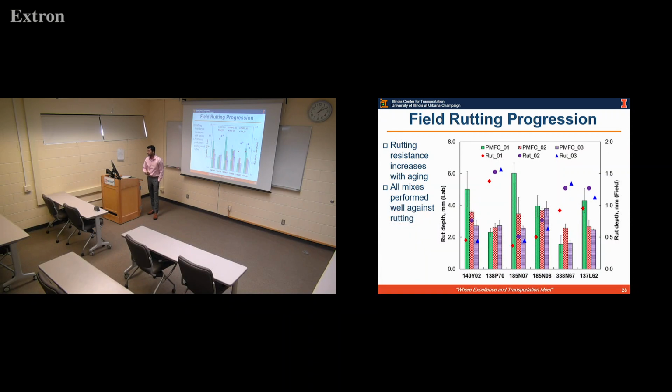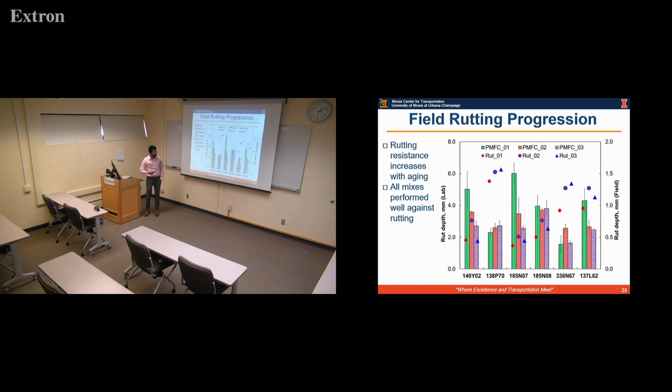When we consider the field performance, we have the data for rutting progression over 3 years, 2015 to 2017, 2016 and 2017. We saw that the rutting resistance increases as we age the samples, and we saw a decline in the rut depths in the lab samples. When we look into the field performance, we see the rut depths slightly increasing, and that's intuitive because as you are passing the loads during these years, you see a trend of increasing rutting because of the moving loads.